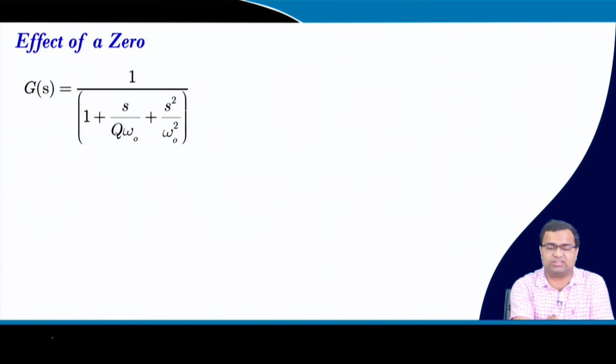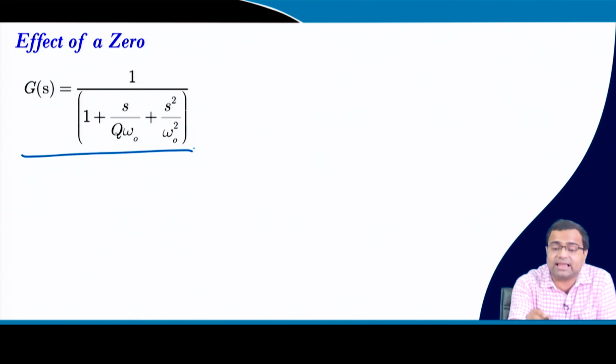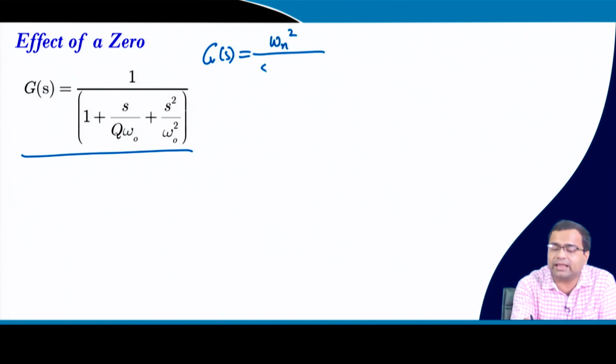That means this is my original system. Now, it looks like the form of our DC-DC converter. In control systems, we have studied G(s) in terms of omega n square over s square plus 2 zeta omega n s plus omega n square.